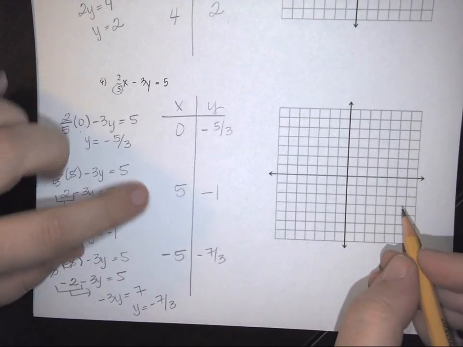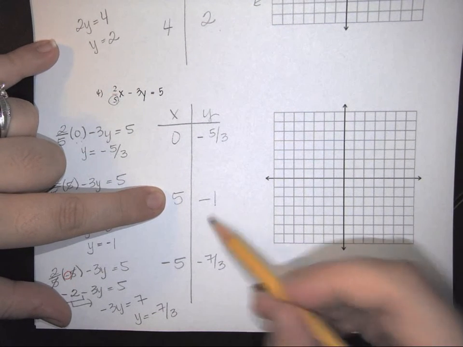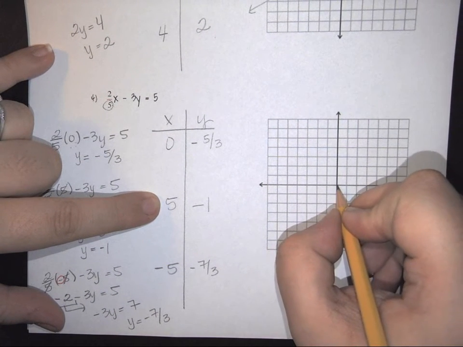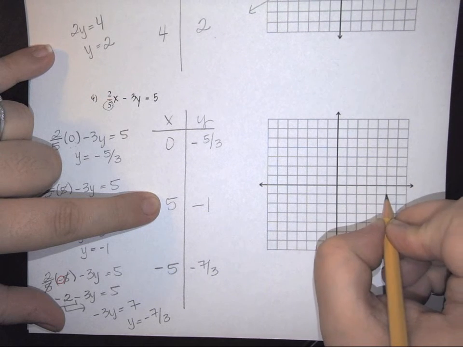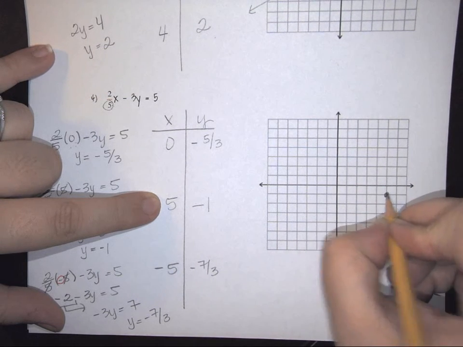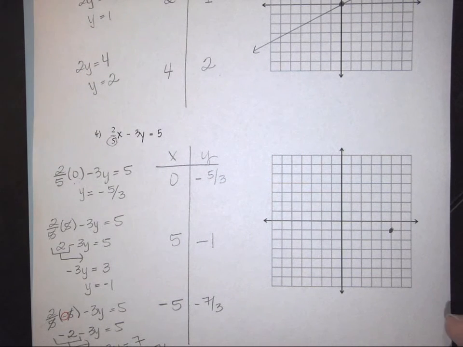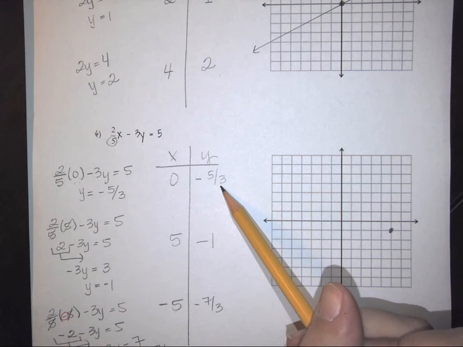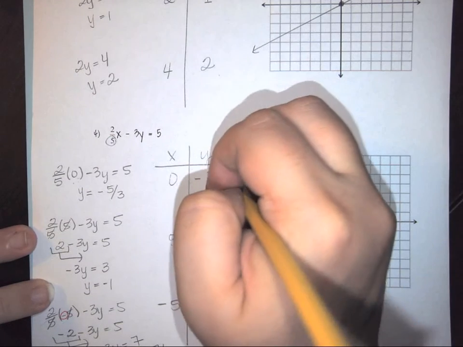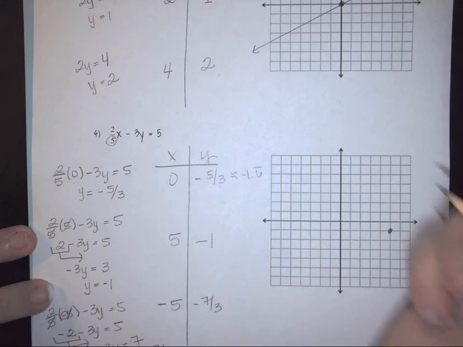So with this, the first thing I would do is graph my whole points. So here I have the point 5, -1. So 1, 2, 3, 4, 5, and down 1. And then we kind of need to know a rough value. So I have my 5/3 here, which is roughly the same as -1.6 repeating.